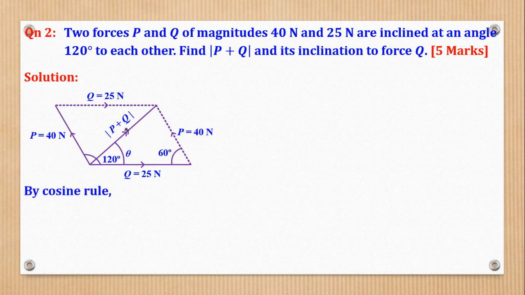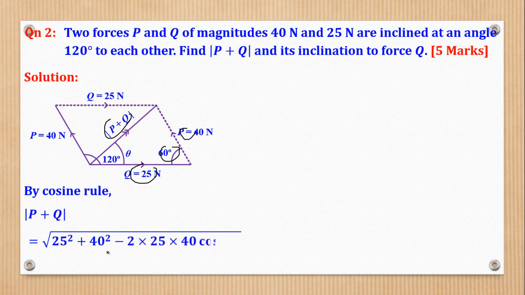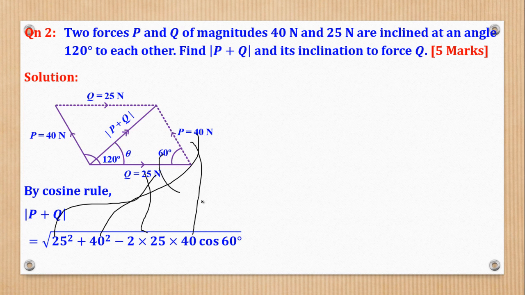First, I can use the cosine rule to get this because I know this angle and I know the forces enclosing the angle. So magnitude will be equal to square root of 25 squared plus 40 squared minus 2 times 25 times 40 cos 60. Then use a calculator and get the value they want. They also want the inclination, which is this.